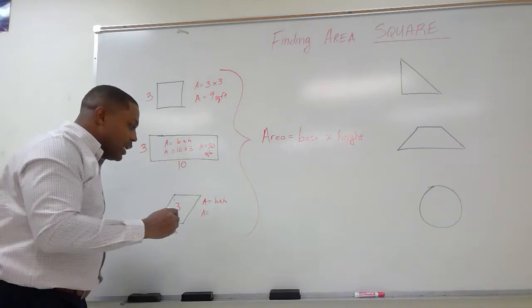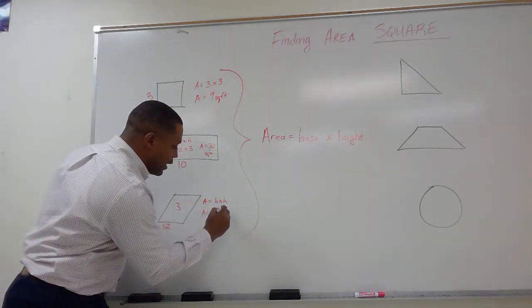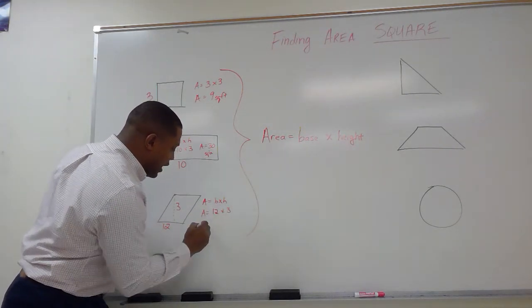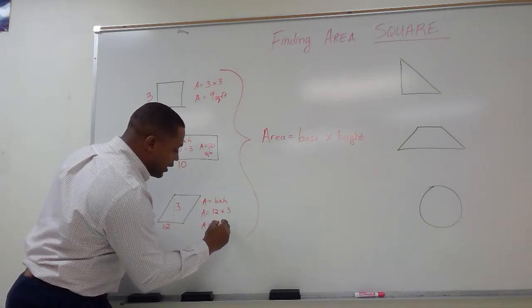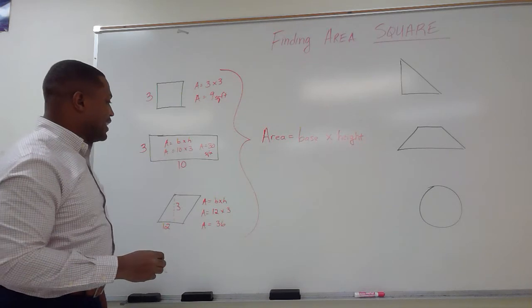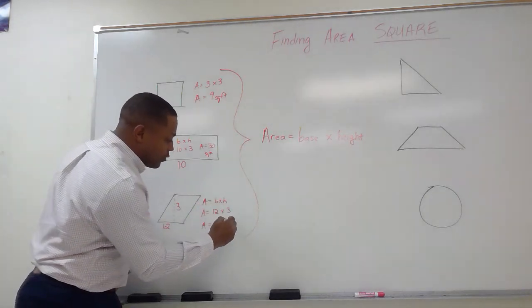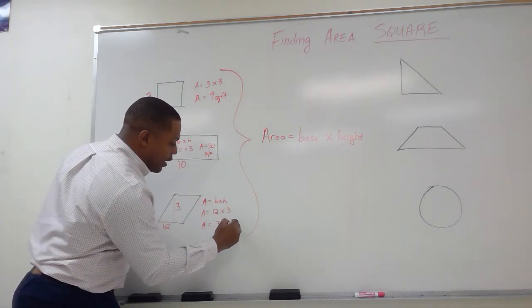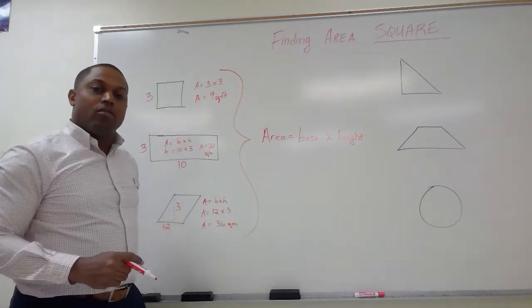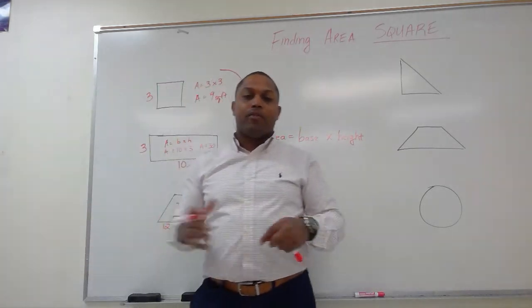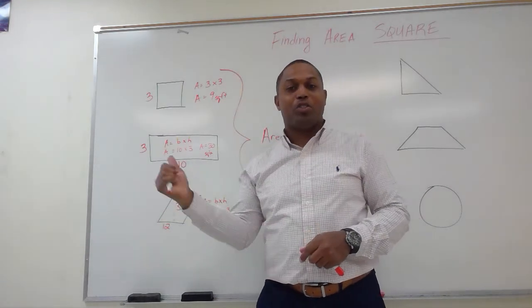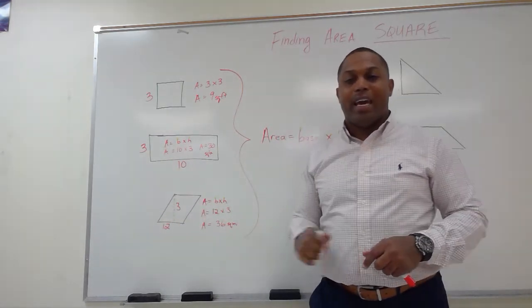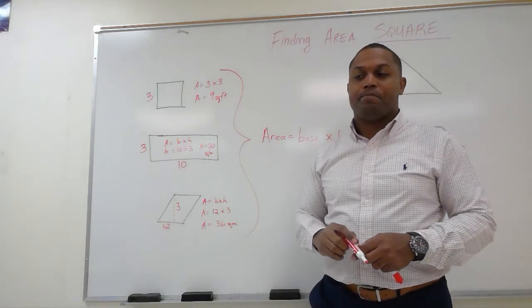So the base is 12. The height is 3. So the area of this parallelogram is 36. Let's say it's miles, square miles. All right, and that is how we find area for a square, rectangle, and a parallelogram.